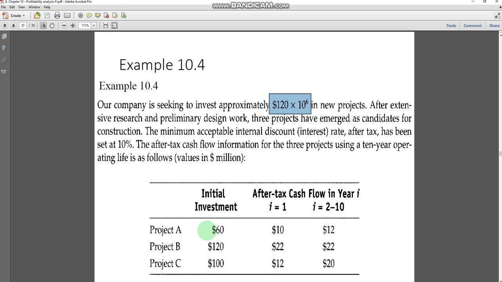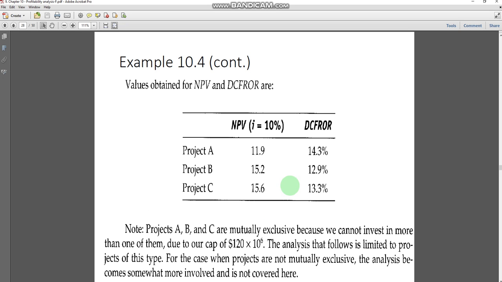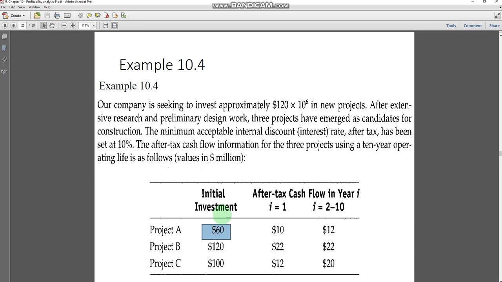Now you have to see which project is more feasible, or which multiple projects you can handle. If you have project A, you have calculated the discounted cash flow rate of return. If you invest the money into project A, then you still have $60 million.